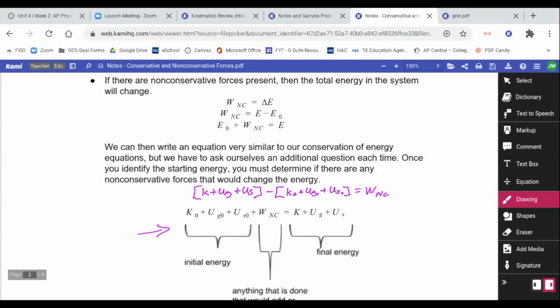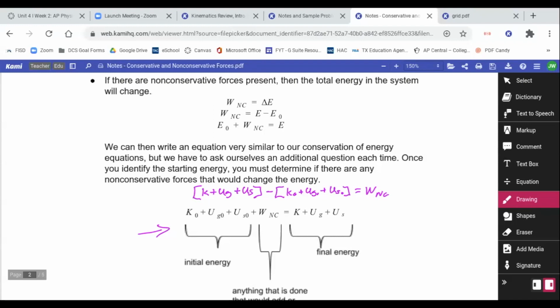Now, what you could do is use parts of it just to look at work and say, I want to look at the change of just kinetic energy. That's work. Or I want to look at just the change of gravitational potential. That's work. But if you look at total energy compared to total energy, if there's no non-conservative forces, the subtraction is just going to give you a zero.